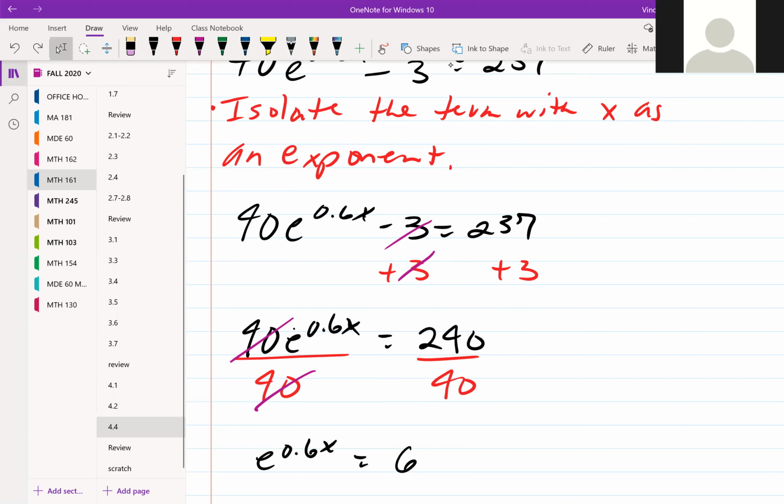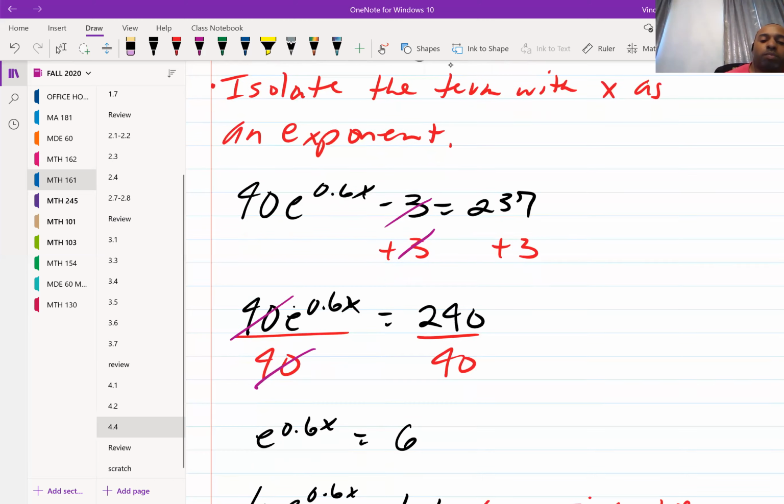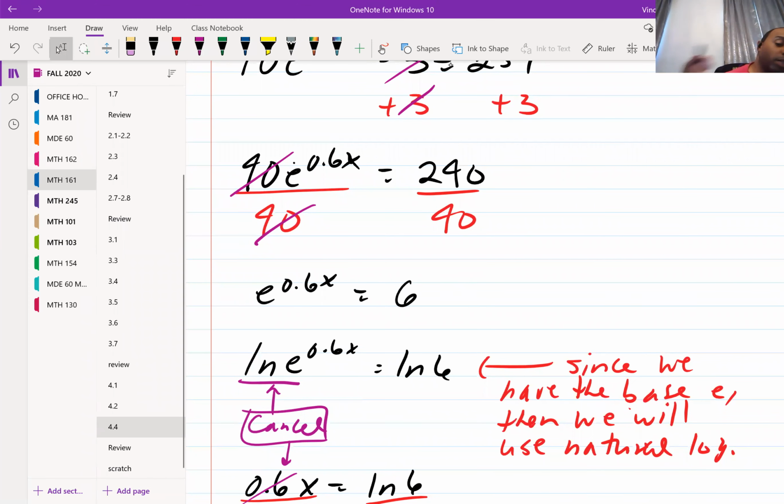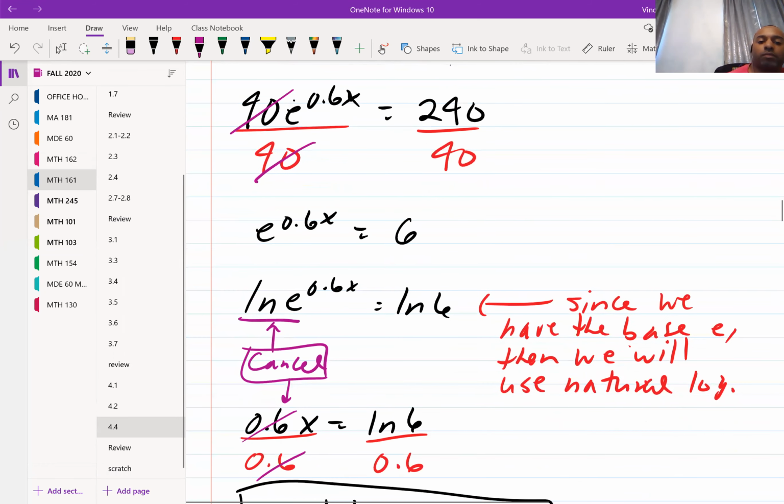All right, so now because we have this e here, we're going to apply the natural log to both sides. This is one of the times where the common log wouldn't be the best move, it'd be the natural log, so that this natural log and e will cancel, leaving us with just the exponent, 0.6x. So it leaves us with 0.6x is equal to natural log of 6.